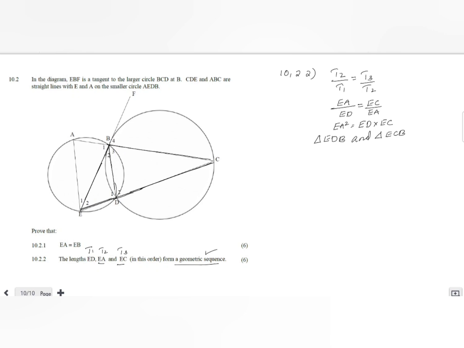Okay, let's see. E is common, right? Angle E is common in both. So one angle is there. Then angle B2 of the smaller triangle is equal to angle C, by the tan chord theorem. Is it clear? In the bigger triangle, that is B2 is equal to angle C. So tan chord theorem.